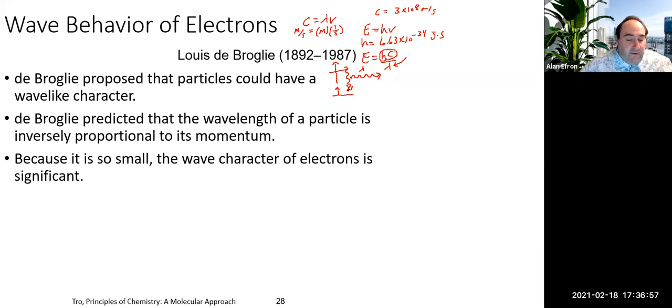So one is endothermic, one is exothermic. Just a reminder, if you get a positive number for energy, that means it's endothermic, and heat and energy is being absorbed. The opposite, a negative number, means heat and energy is being released, which is exothermic.